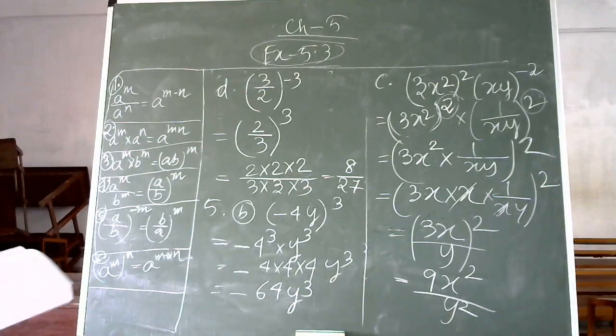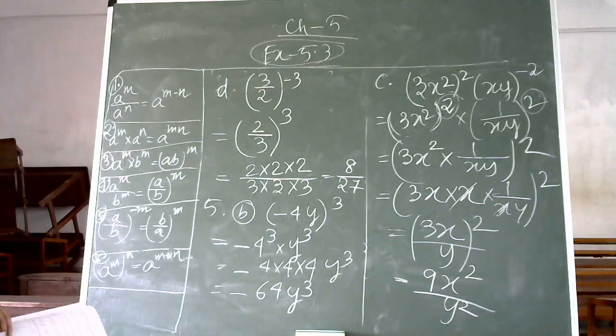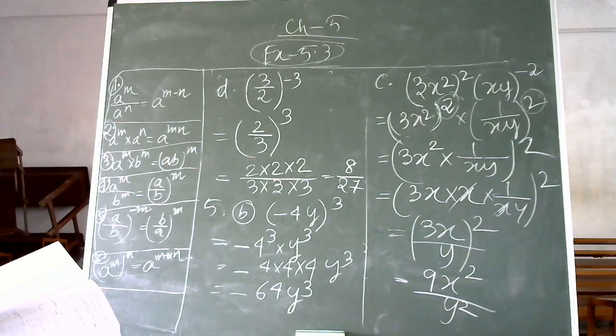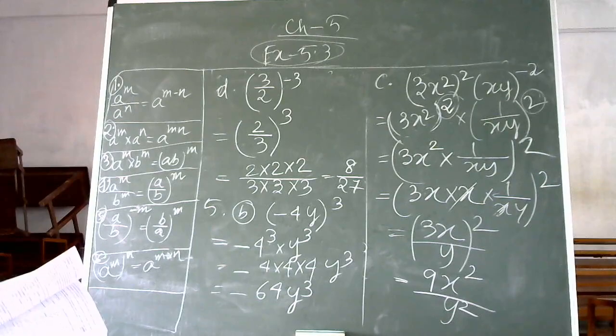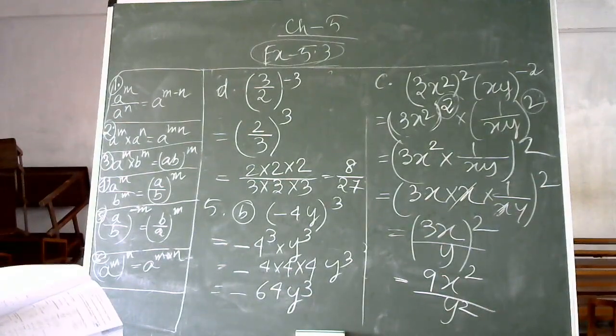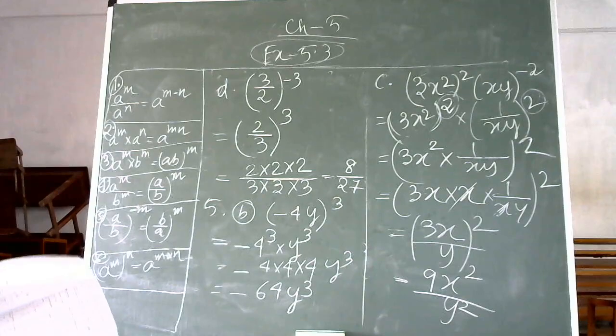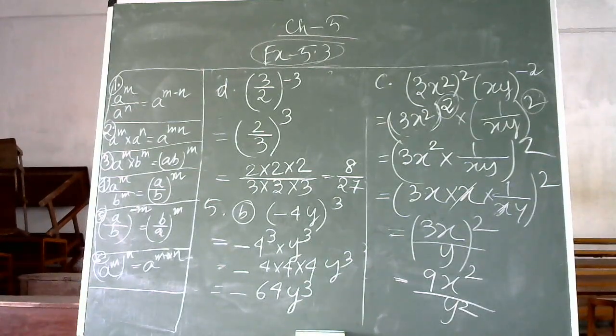Next is exercise 5.4, but see it's a big exercise, I won't be able to complete it in this short period of time. So in my next class I'll do exercise 5.4. Let us do exercise 5.5. It's a very small one, I can complete it in this time.